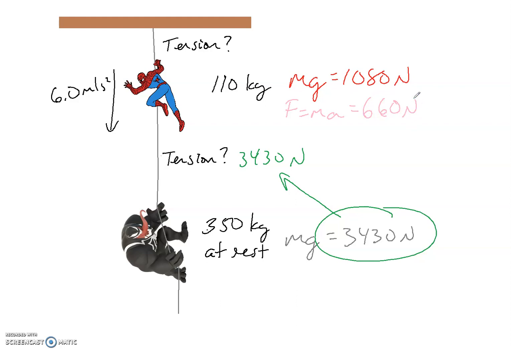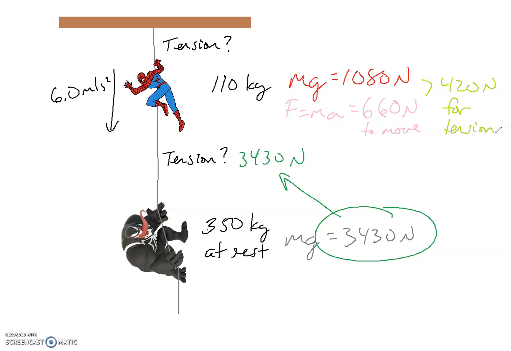So there is 1,080 newtons of force pulling down on Spider-Man, and 660 of that is being used to actually move him. Then where's the other force? You're missing about 400 newtons of force. Well, that missing force must be tension in the web supplied by Spider-Man. So there's 420 newtons of tension.